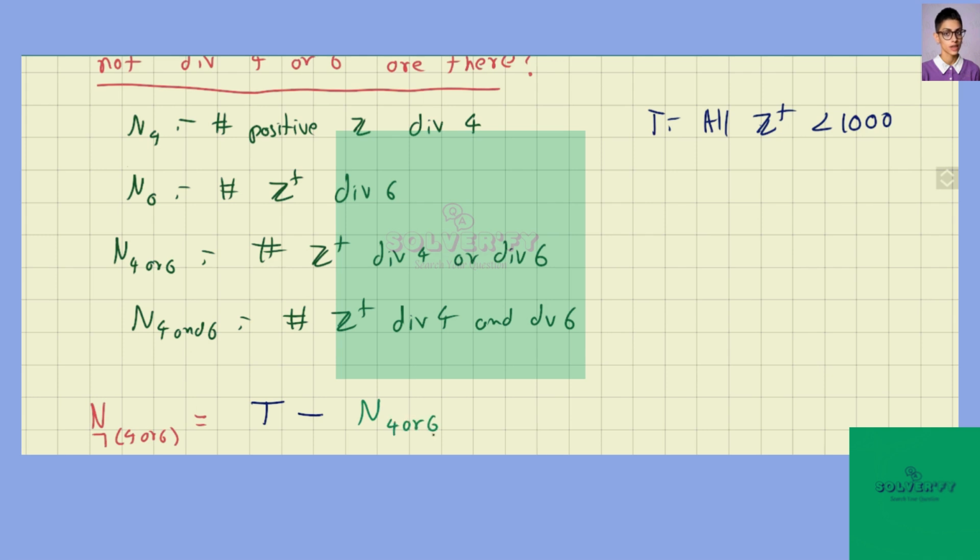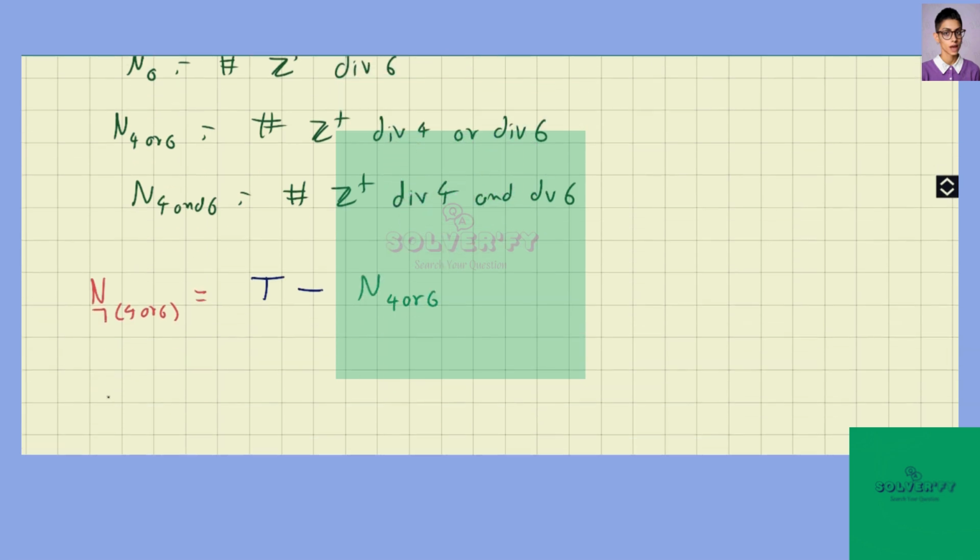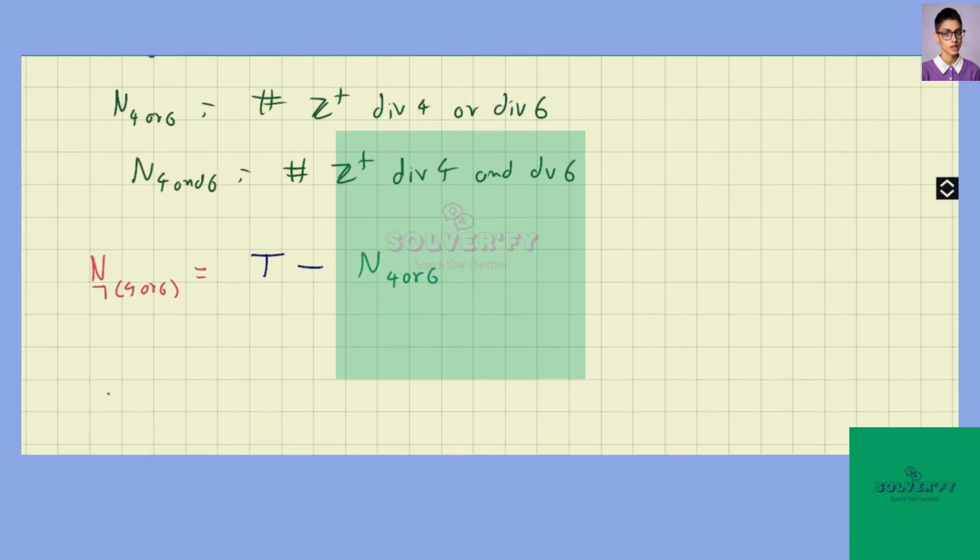If we take all the possible integers and then eliminate all the integers that are divisible by 4 or 6, the remaining set is going to be all the numbers that are not divisible by 4 or 6. So that's the idea of this exclusion principle.